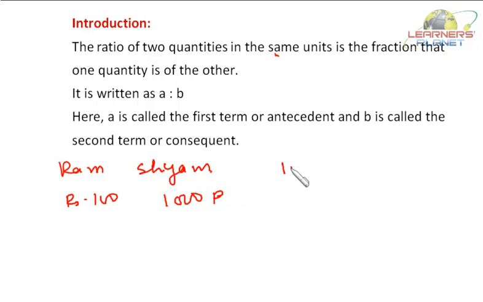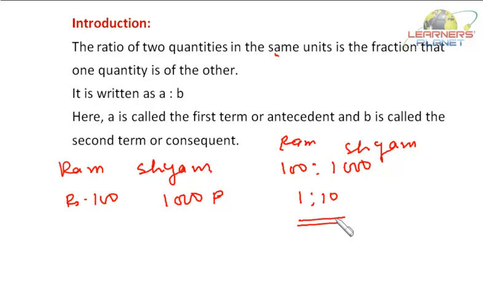It's 100 is to 1000. That means 1 is to 10. What is the conclusion we are drawing over here? That means Shyam is having 10 times amount than Ram.